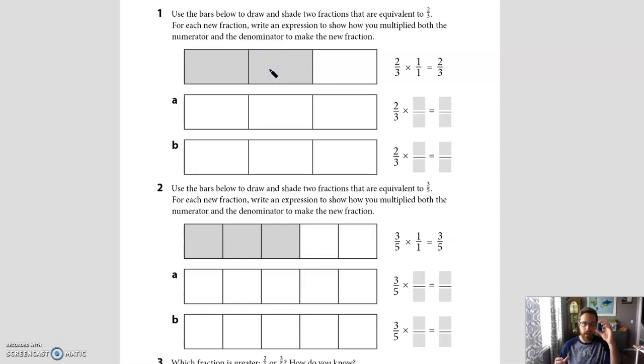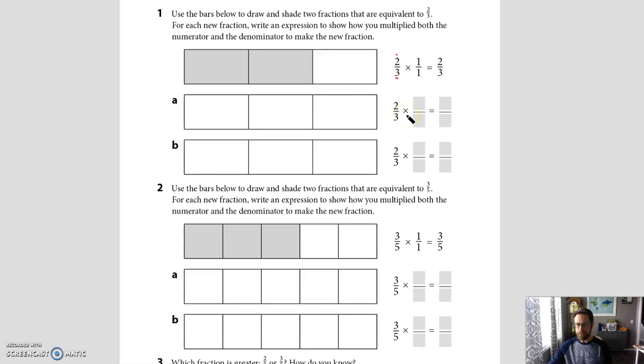Again, we can't compare fractions if our wholes are not exactly the same. So in this case, all of these rectangles are exactly the same size, and they're all broken up into exactly 3 equal parts, and that's what our denominator tells us. It's how many equal parts it's broken up into. Our numerator, the top number, tells us how many of those parts we're looking at. So in this case, 2/3, 2 of the 3 parts, okay?